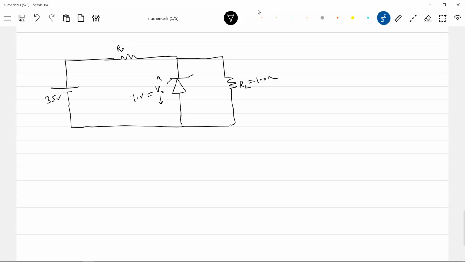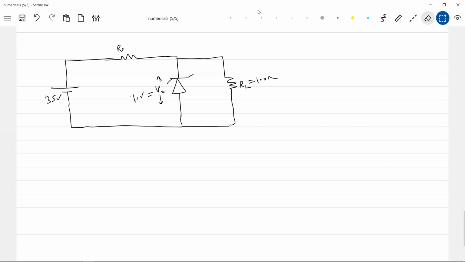What is the value of RS that is needed to be connected in the circuit? Then afterwards, we'll fluctuate this voltage by plus 5 and minus 5. Then we'll see what will be the current through the load and what conditions will arise. So we should calculate the value of RS. Then what is the load given? RL equal to 100 ohm.